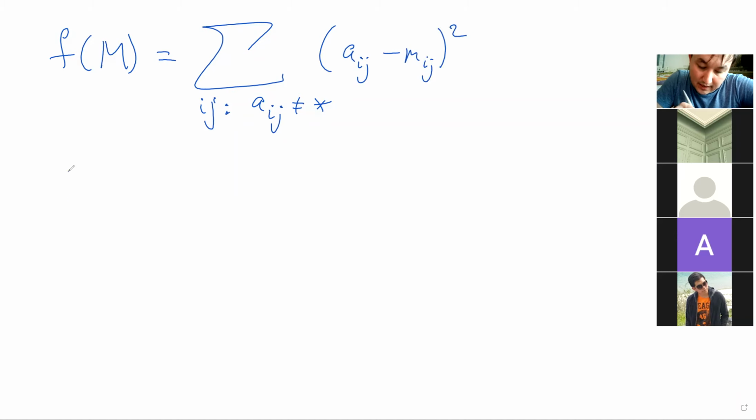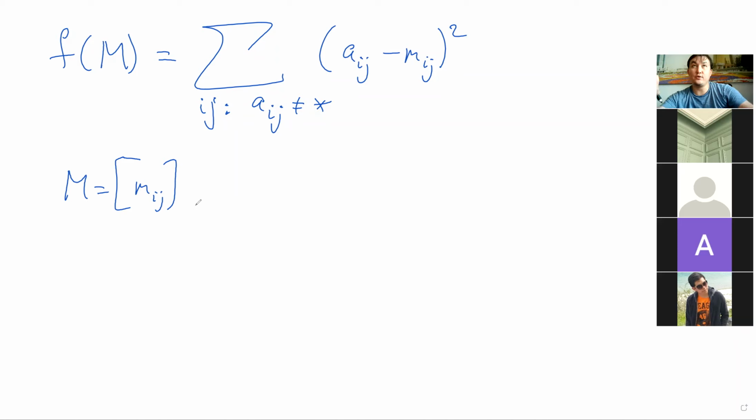So roughly speaking, M is a matrix Mij, right? And we just define the following function. M is roughly speaking the distance to A, but it concerns only those entries that are given to you. Understood?